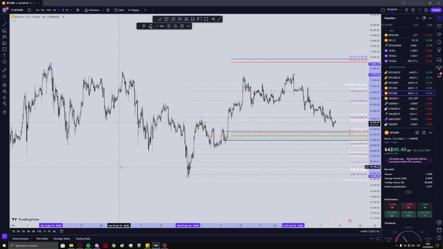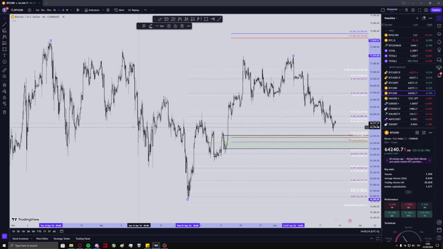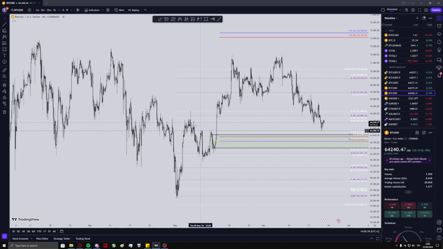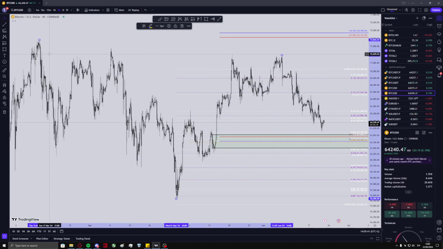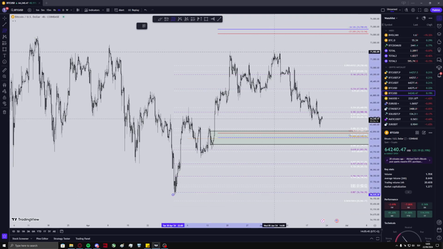So fibs are a kind of thing where you can take every move on the chart, and you're gonna get some kind of fib number that aligns in an area, and where there is an area with a lot of fibs aligning, that area will be the most likely reversal point, really. So that's why you can't just take a fib and do this and expect it to work, right?